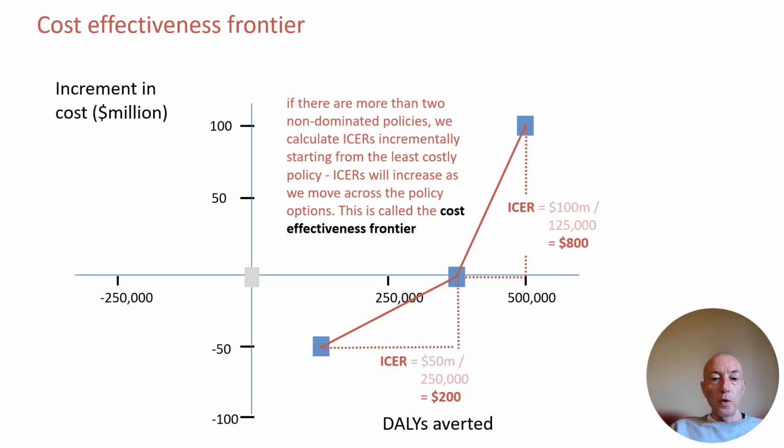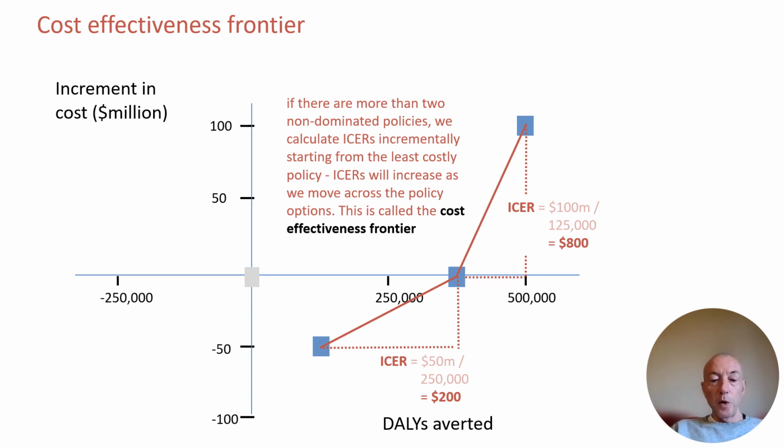Now, if there are more than two non-dominated policies, we calculate ICERs incrementally, starting from the least costly policy. Now, ICERs will then increase as we move across the policy options. And this line showing the ICERs between the policies incrementally is called the cost effectiveness frontier.